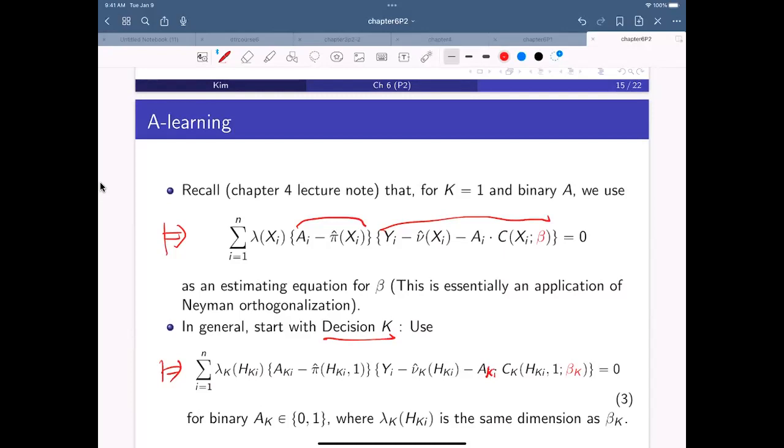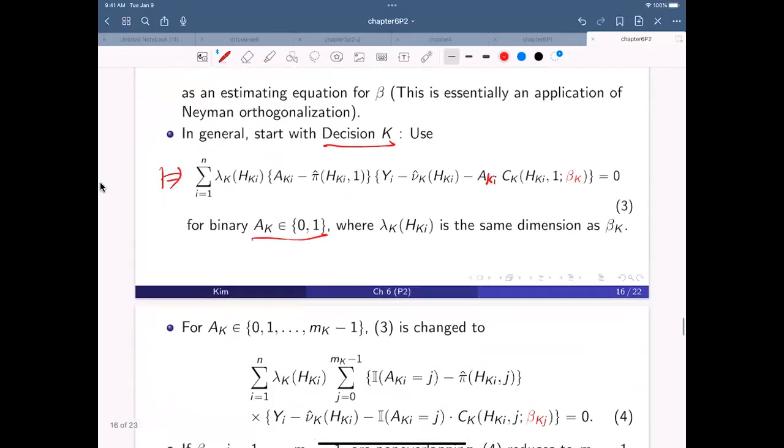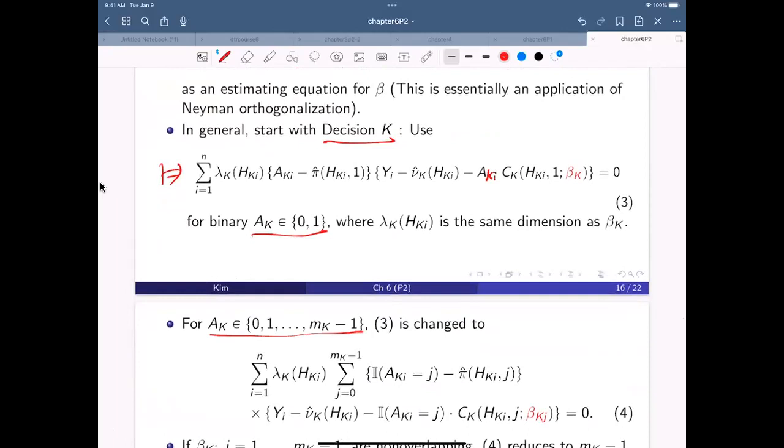But other than that, it's the same thing, right? But for the binary, 0/1 case, you can write it this way. For the multiple case, this equation 3 can be written as a multiple, one over the m.